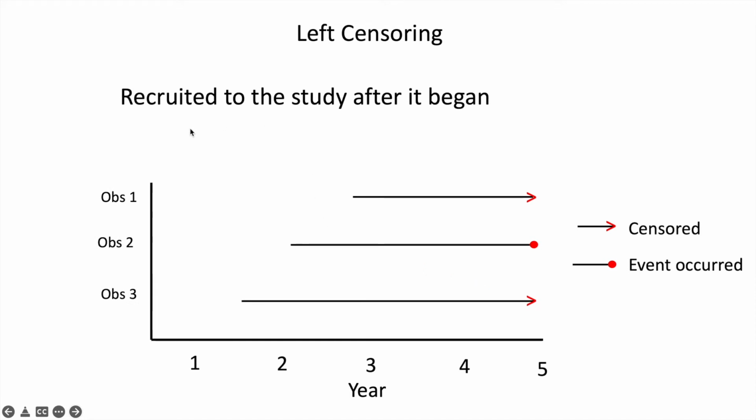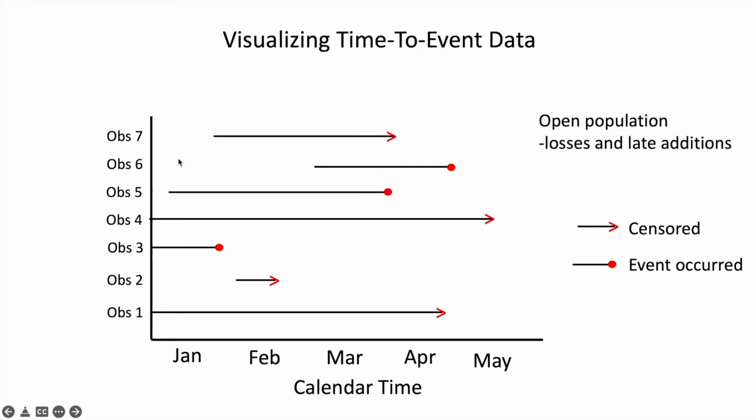Left censoring, on the other hand, is when people are recruited at various points. So they're contributing different amounts of time to the study, not because they dropped out early, but because they started later. And with those two types of censoring, this is more what time to event data typically looks like, where this is an open population, people are being added over time and people are dropping out earlier.